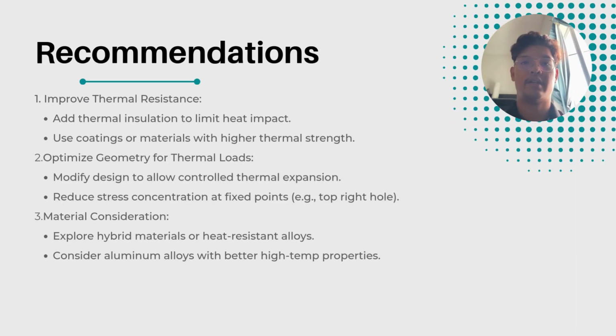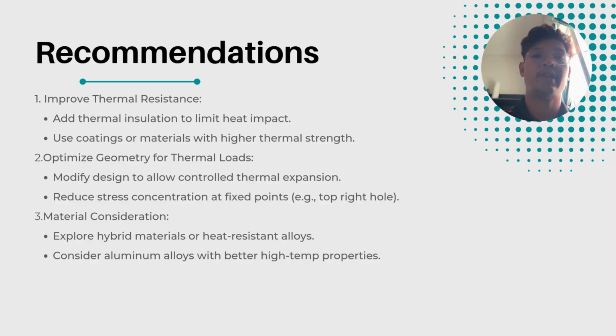Now, for the recommendation part, first we want to improve the thermal resistance, where we add thermal insulation to limit heat impact, and also use a coating or material with higher thermal strength.